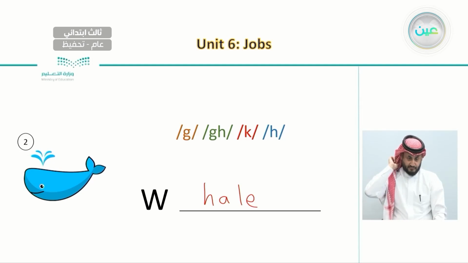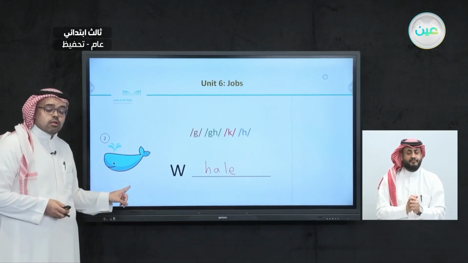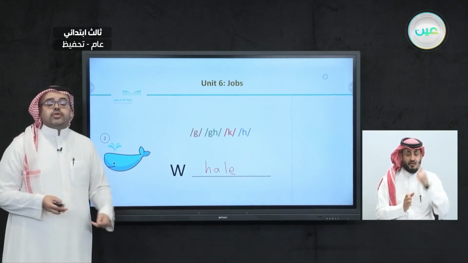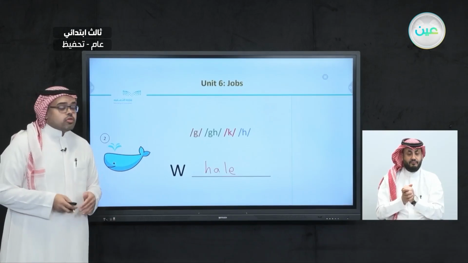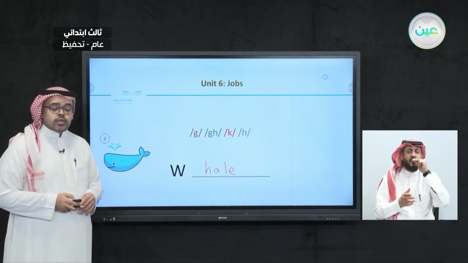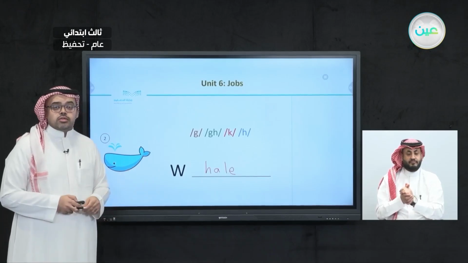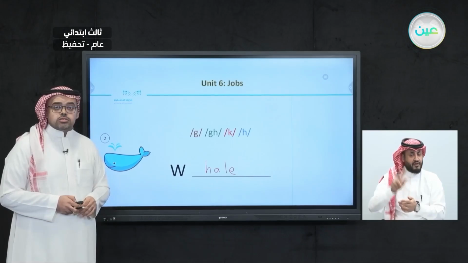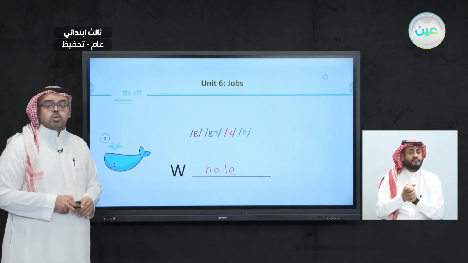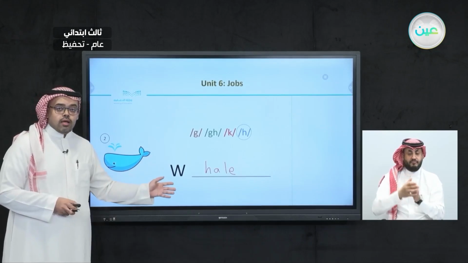Say it after me. Whale. Excellent. So this is a whale that usually lives in oceans, in big oceans. So now, by saying this word, whale, what do you think the silent letter is? Is it G, GH, K, or H? You guessed it right. The silent letter here is H, whale.